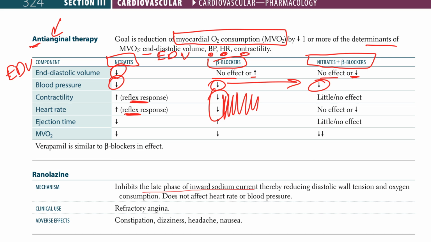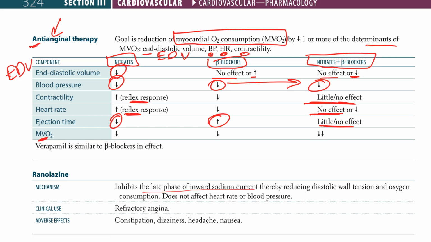When you give them together, you will have no effect on contractility or no effect or a decrease even in heart rate, because the beta blocker would stop that reflex. Ejection time will decrease with nitrates, but will increase with beta blockers. Give them together, no effect.